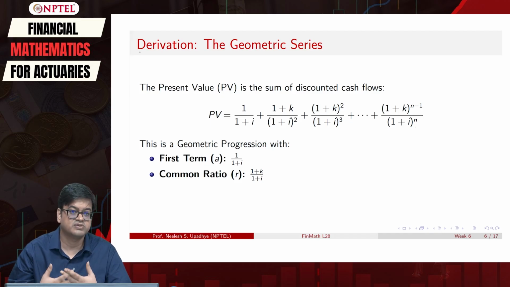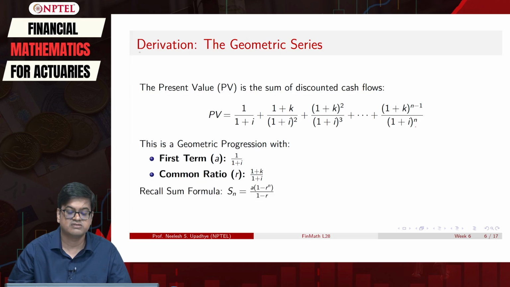In fact, this is how we started our calculations. We have done it several times for annuities. So, Sn equals A into 1 minus R raised to n upon 1 minus R. This sum is valid only when R is not equal to 1, whether R is less than 1 or R is greater than 1.